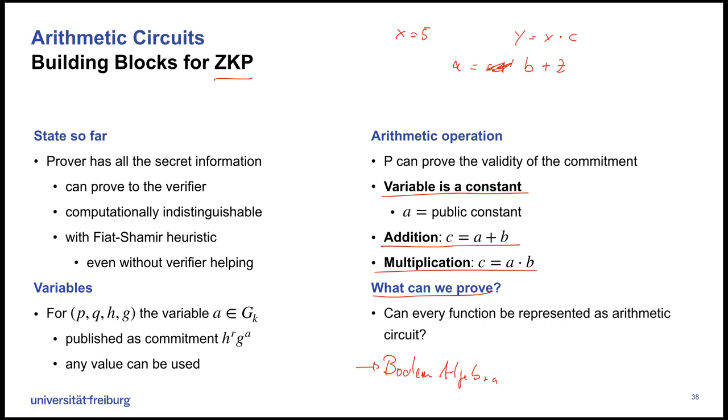And now we have operations for these three things. And the question is, can we build a Boolean algebra out of that? For example, can we compute OR with this operation? Or can we compute multiplication with that? So that's the thing that we have to solve. And then if we can do that, we can prove everything with zero knowledge. So that's the goal.